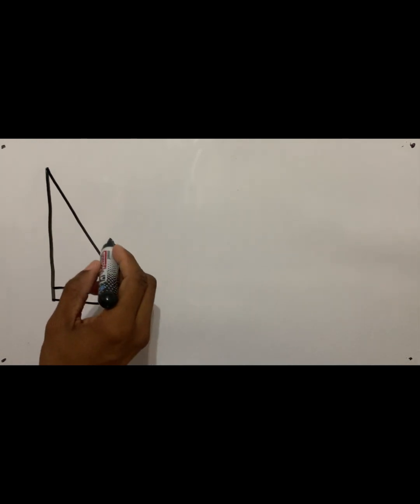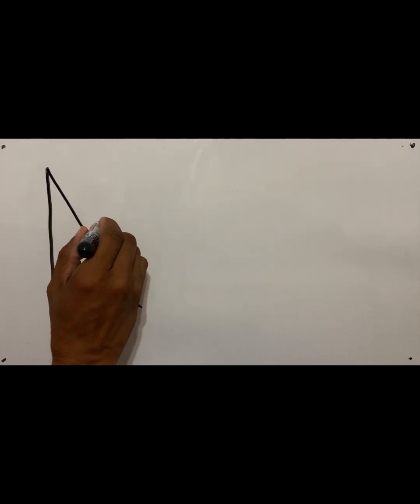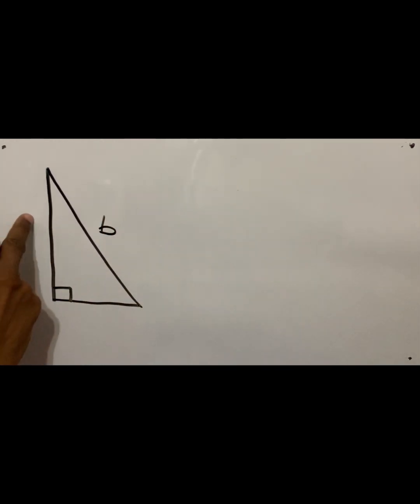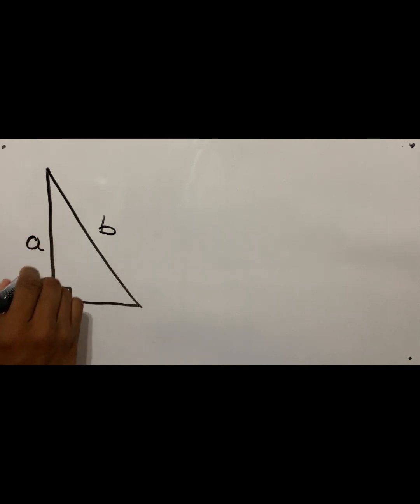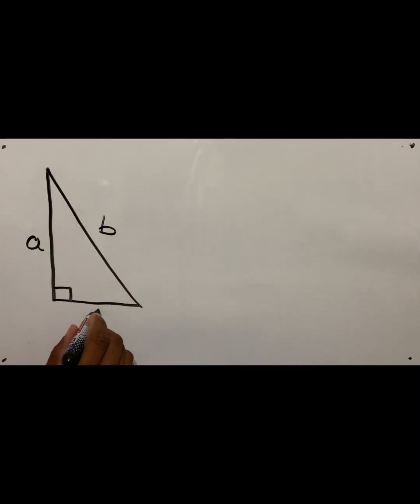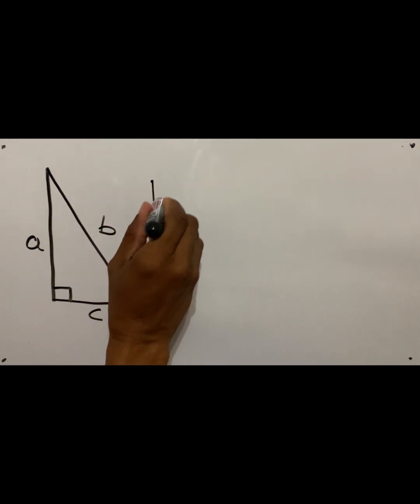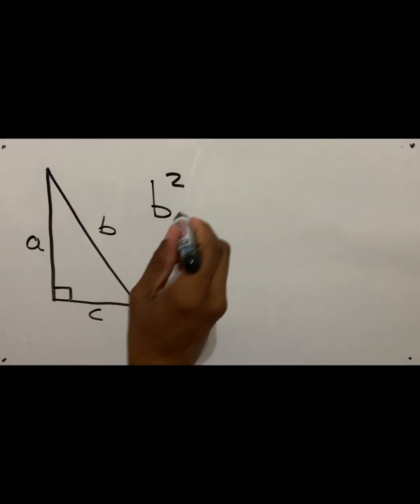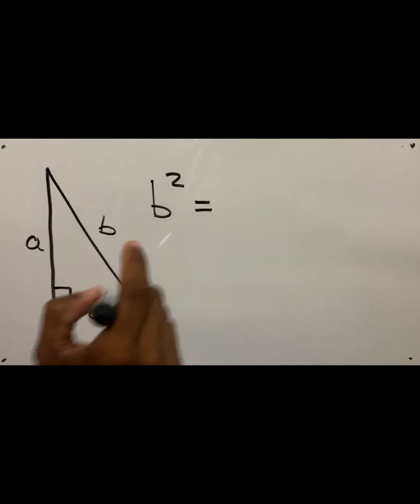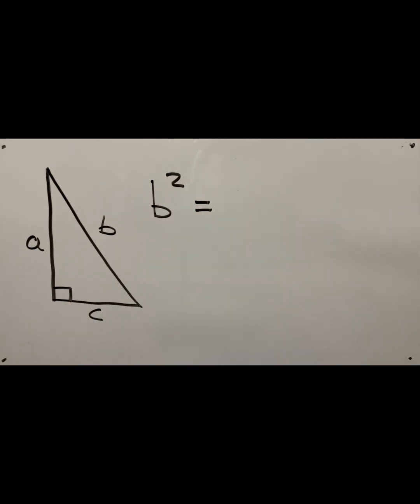All right, so let's say this side is B. Let's call this side A. Let's call this side C. Basically, what I just said is that the square of the hypotenuse is equal to the sum of the squares of the other two sides.